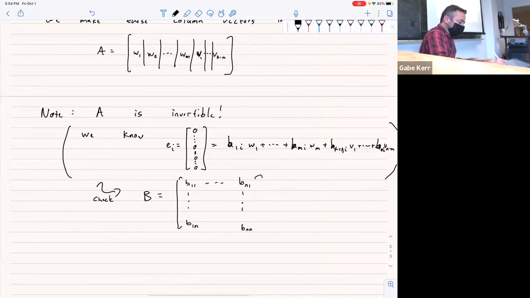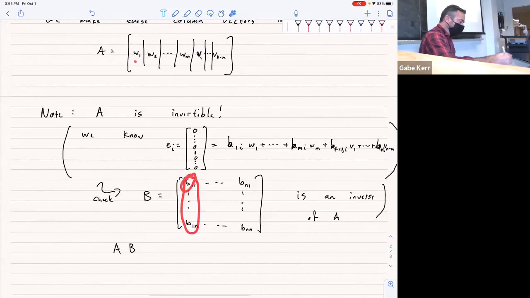You can see that this is an inverse of A. Because when you look at something like AB, you're taking this column and multiplying it times this vector, plus the next column times the next vector, and adding them up. And that should equal the vector 1, 0, 0. And on the second column, it should equal 0, 1, 0, and so on. It should equal your e_i vector. So you get that this is the identity.